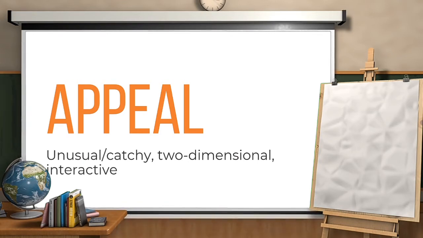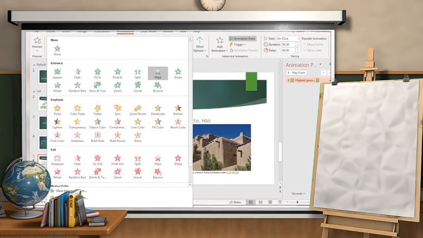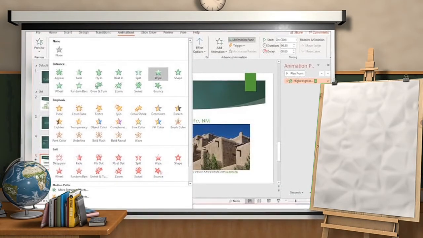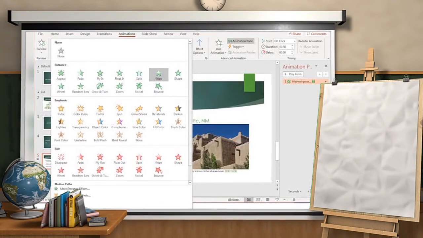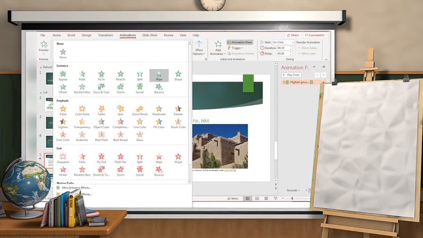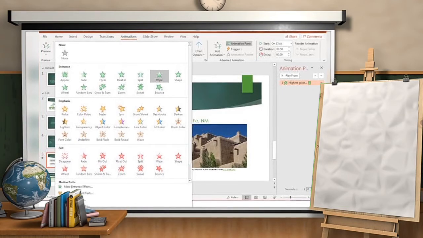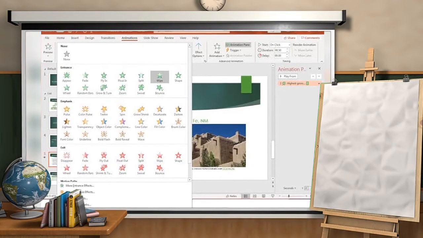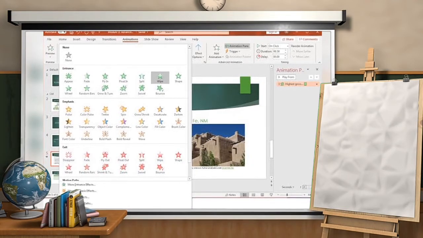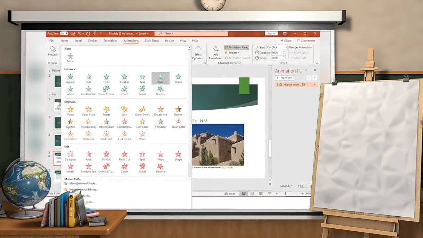ituturo natin. So, my suggestions is gamitin natin yung mga animations features ng iba't ibang PowerPoint maker, kagaya ng mga entrance effects, motion effects, emphasis effects, at ending effects, yun ba, if I am not mistaken.